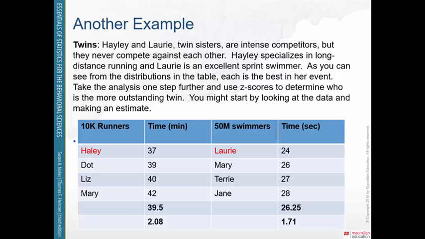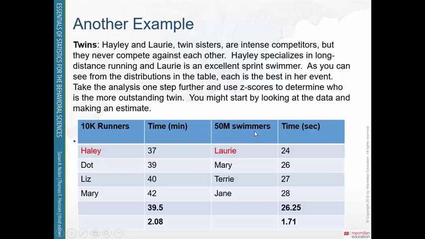So here we've got the runners, and here's Haley, and you can see her time is 37 minutes. Good job, she's better than everyone in the field. And I have given you here mu, the mean, and this is the standard deviation, 2.08, sigma.